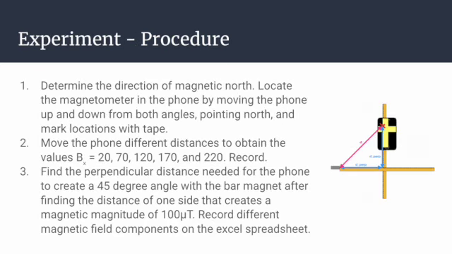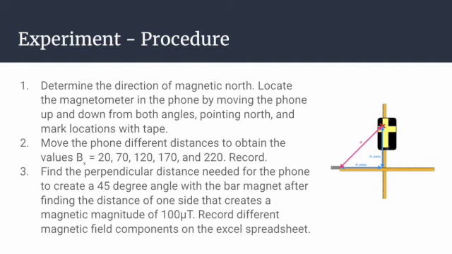For the experiment itself, we start off with determining the direction of magnetic north. This will help us in canceling out the magnetic field of the Earth. And then secondly, we'll locate the magnetometer in the phone by moving the phone up and down from both angles pointing north, and mark these locations with tape in order to get the location of the magnetometer within the phone.